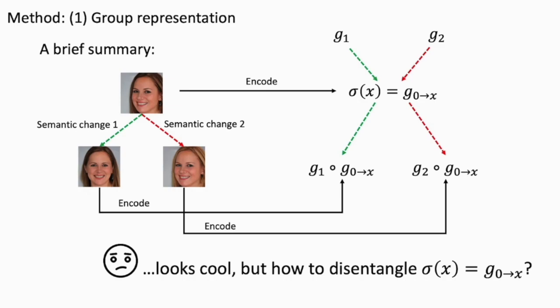But how do we disentangle the original group representation, the sigma x? In our modeling, we expect the group representation to be a composition of multiple subgroups, with each subgroup representing a single disentangled semantic meaning.